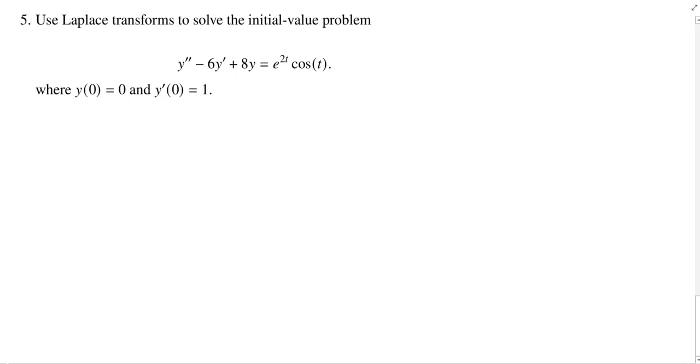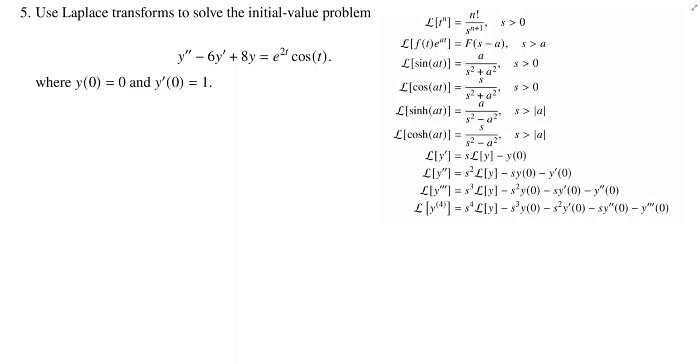So that means we're going to take the Laplace transform of this thing. Now, it might be useful if we have our table of Laplace transforms, so let me bring that in. Okay, there we go. So, first thing, I know I'm going to be taking the Laplace transform of a second derivative, so it's really handy that we have in here the formula for the Laplace transform of a second derivative.